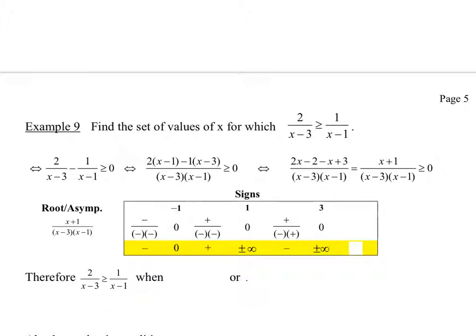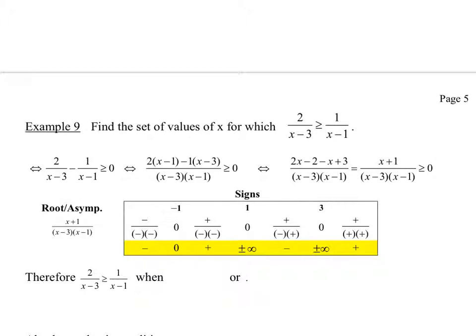And then we look at what's to the right of 3. So take a value like, for example, 4. If you take the value 4, put it in here, that gives us 5 on the top, 1 here, and 3 here, all positive. So we're going to get positive divided by the two positives, and that's going to be positive.